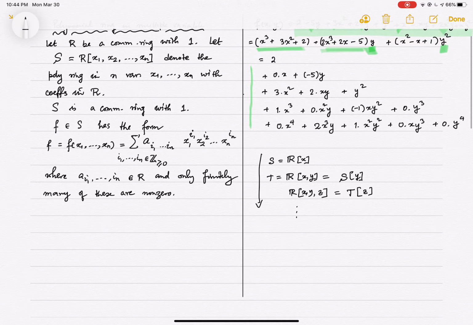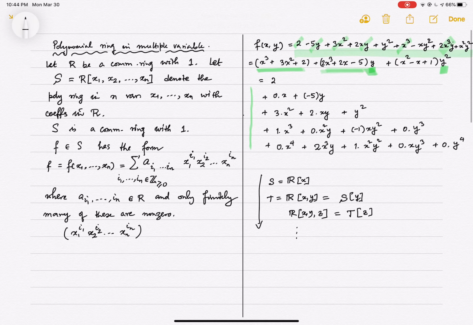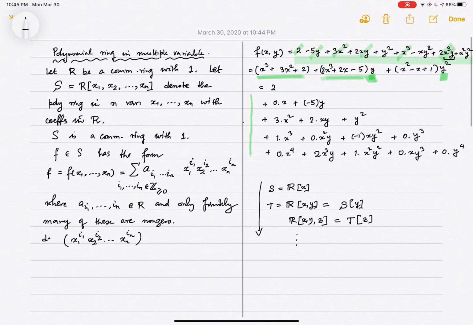You can define degree in the usual manner. So an expression like x1 to the i1, x2 to the i2, ..., xn to the in, such a creature is called a monomial. So like x cube y is a monomial up here. And you define the total degree of that to be just the sum of all the degrees.